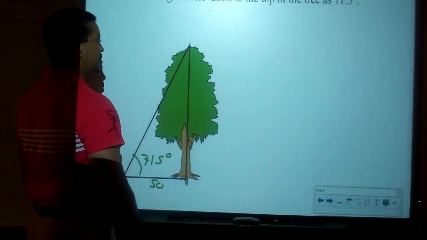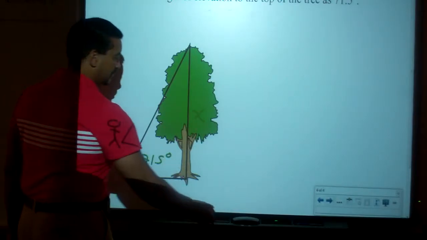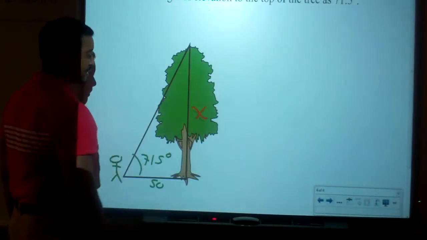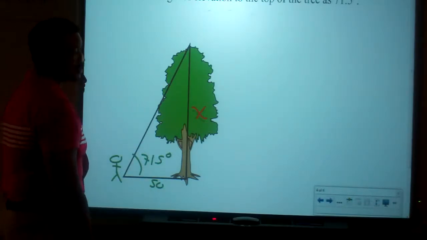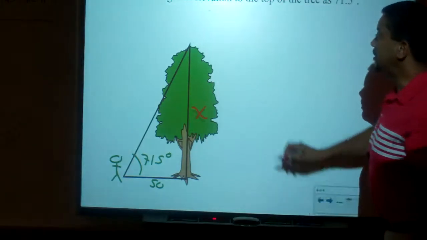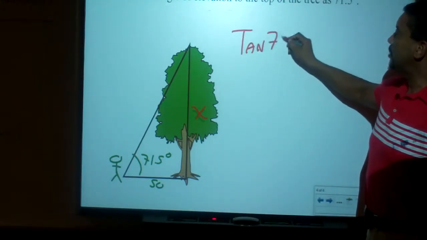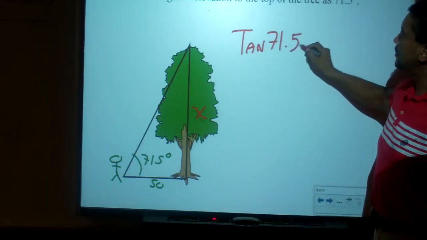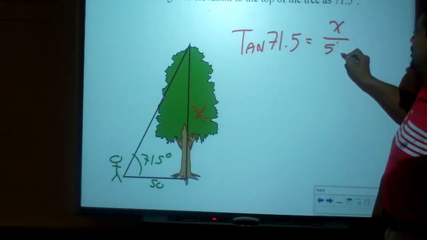So all you're going to do is use what we've got. We're looking for x here. So this is opposite over adjacent, which we know to be tangent. So we've got the tangent of 71.5 degrees is equal to x over 50.